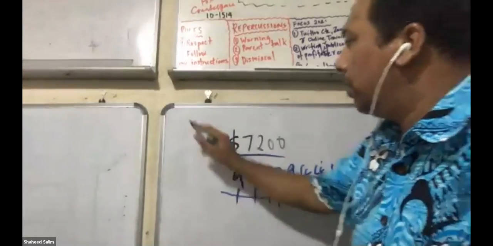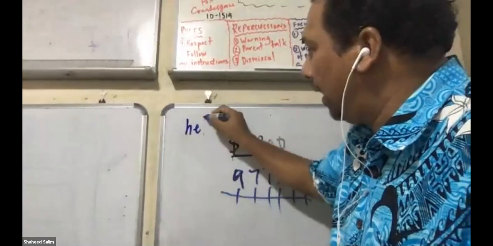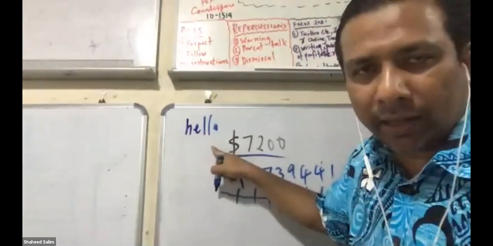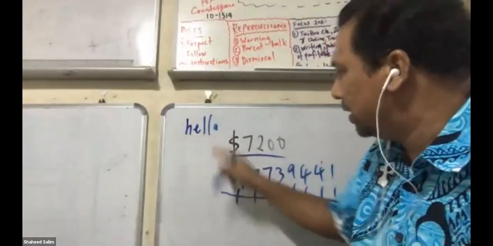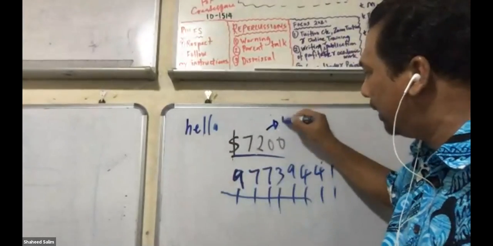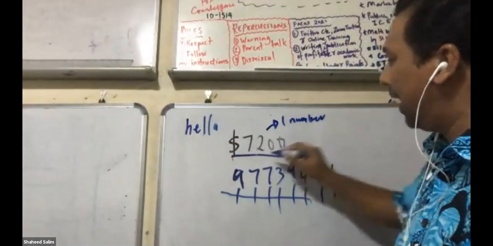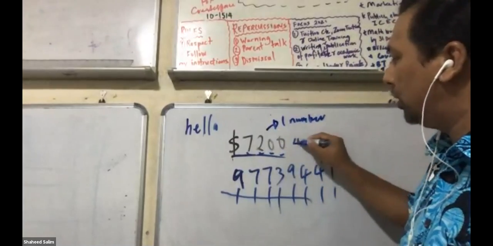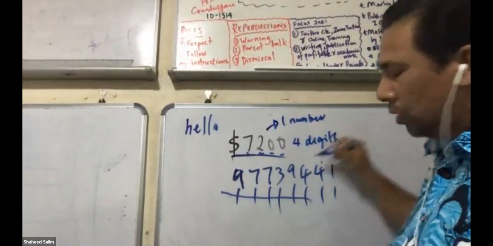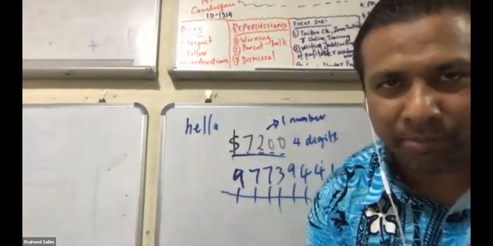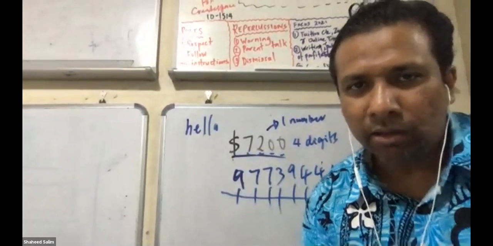So digits are like letters. Let's say we say hello. This is one word, but 5 letters. This is one number. But how many digits are there? 1, 2, 3, 4 digits. So you understand the difference between digits and numbers?